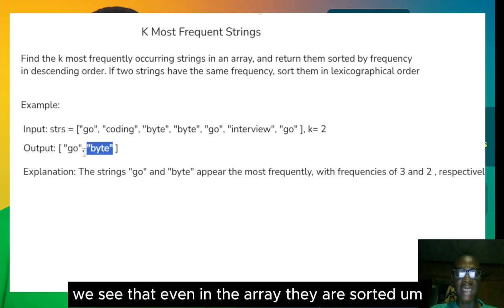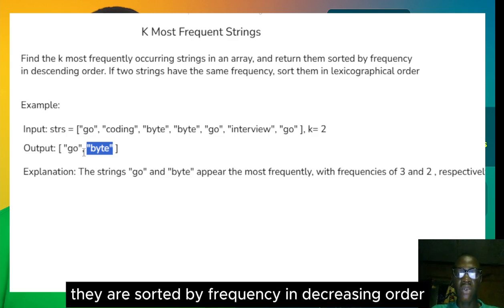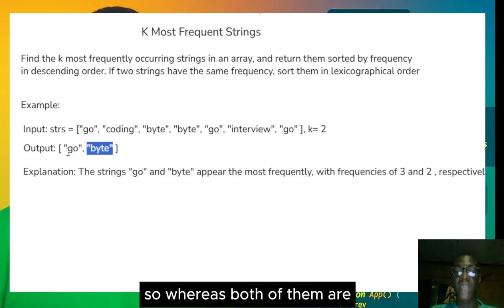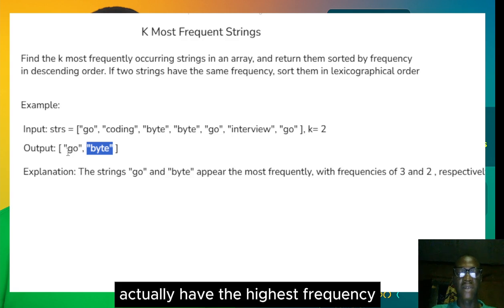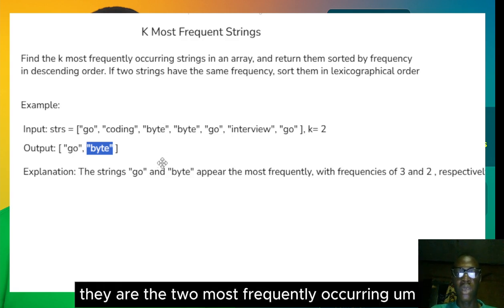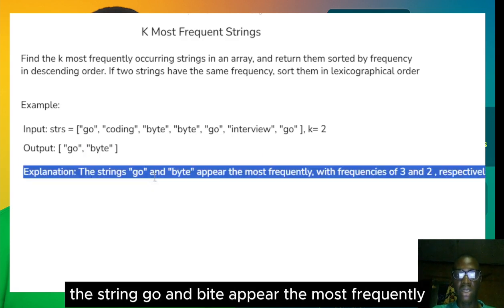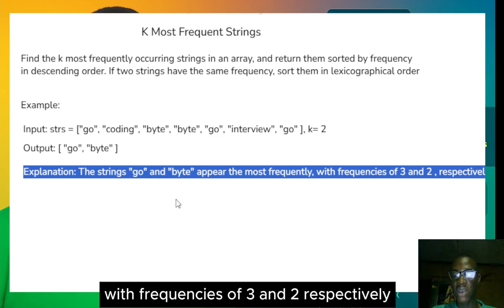We see that the output array is sorted by frequency in decreasing order. Both of them have the highest frequencies, they are the 2 most frequently occurring strings in the array.